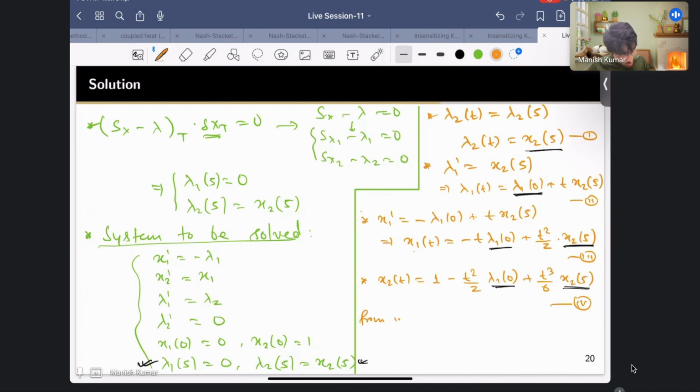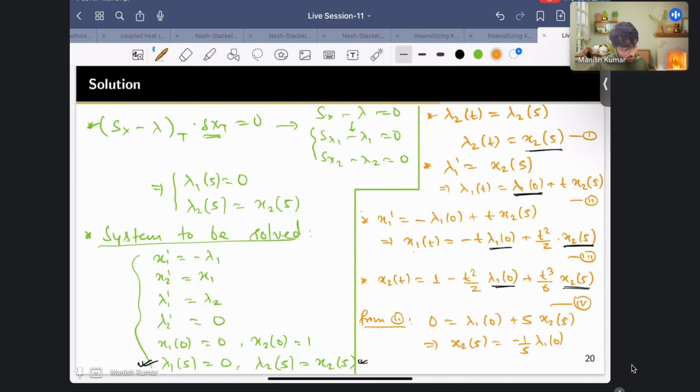So from 2, if I put t equals 5, I'll get lambda 1 at 5, which is 0, is equal to lambda 1 0 plus t, t equal to 5, and x2 at 5, right? So we got that x2 at 5 is equal to minus 1 by 5 lambda 1 0.